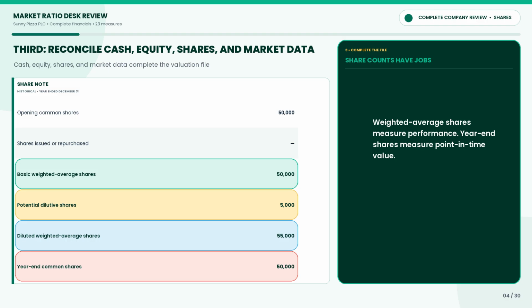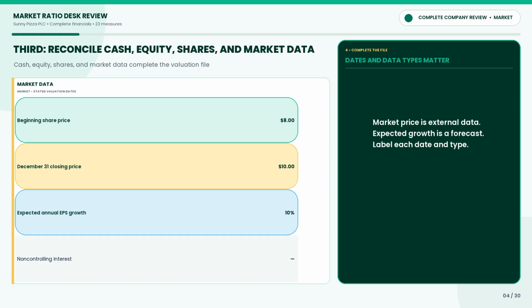Finally, market data shows an $8 beginning price, a $10 December 31st closing price, and an expected EPS growth of 10%. Historical statements, market prices, and forecasts are different information types. We will label each source and date before using it.